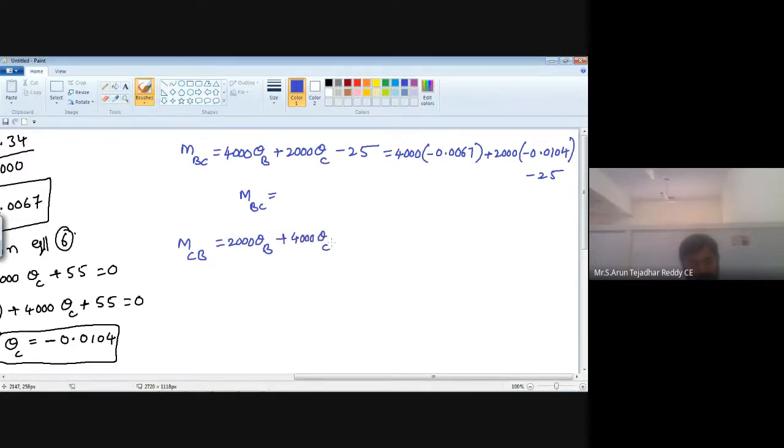This is our equation. 2000 theta B is minus 0.0067, plus 4000 theta C, which is minus 0.0104, plus 55. Now what is the value of MCB?